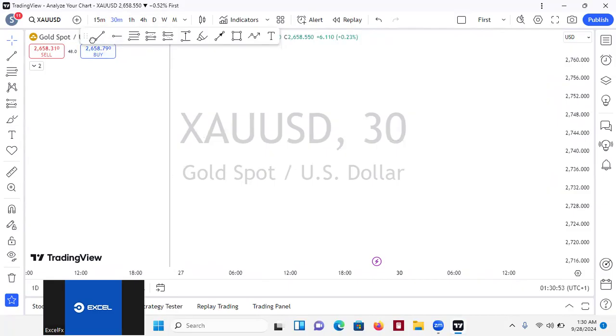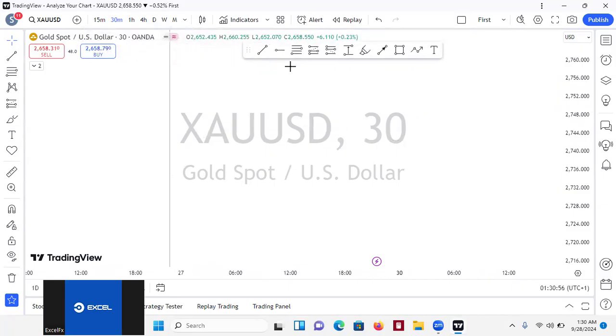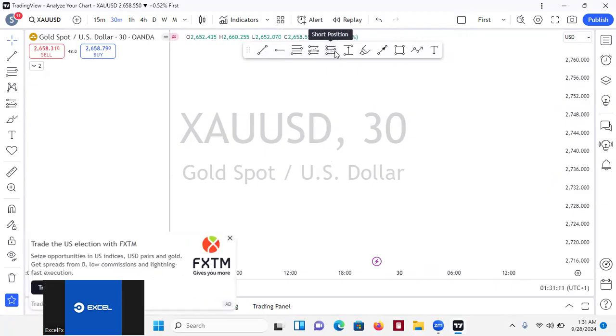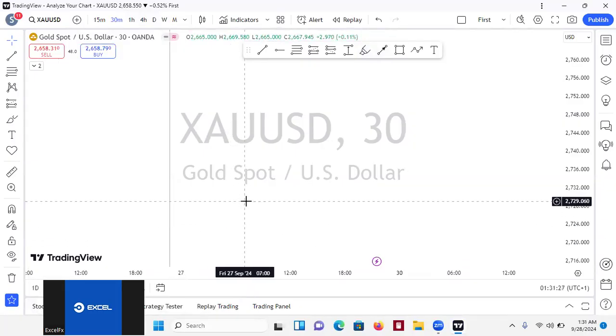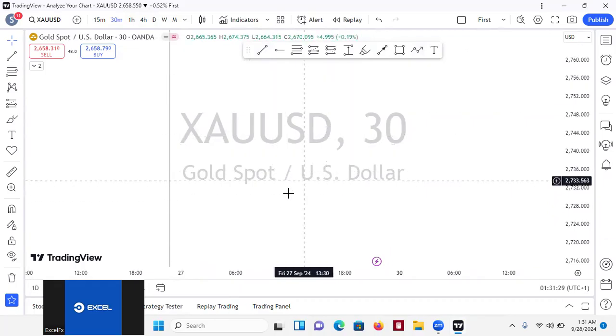These are the basic drawing tools that I use pertaining to my own trading style. These are the major drawing tools. This is the trend line, this is the rectangular ray, the Fibonacci retracement, the long position, the short position, the price range, the arrow, the rectangle, the text, and many other drawing tools that we have in Tradingview. But these are the ones I use of recent.